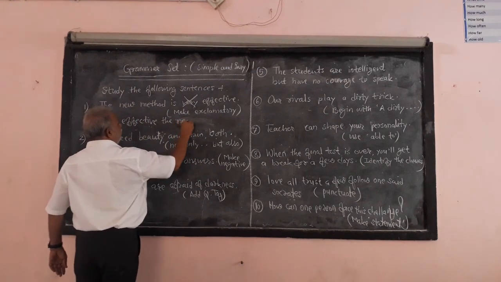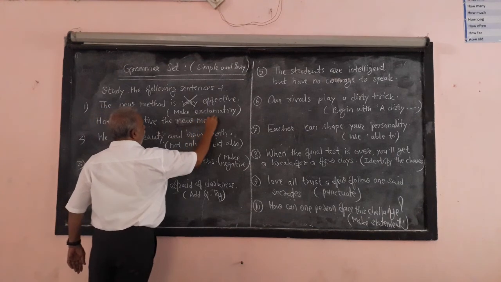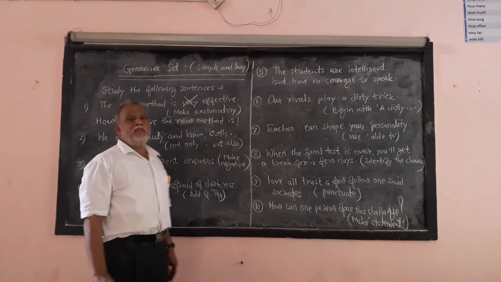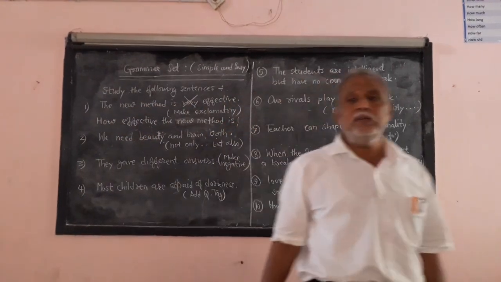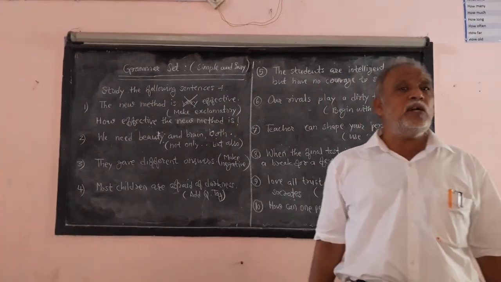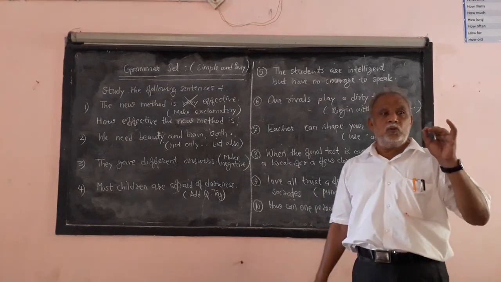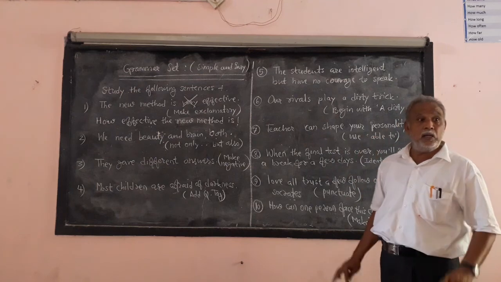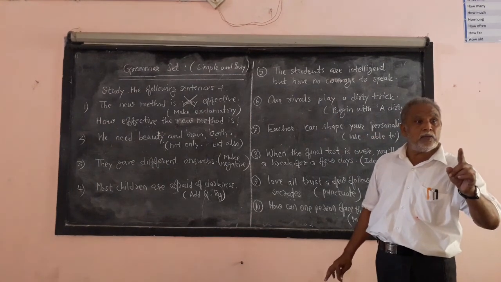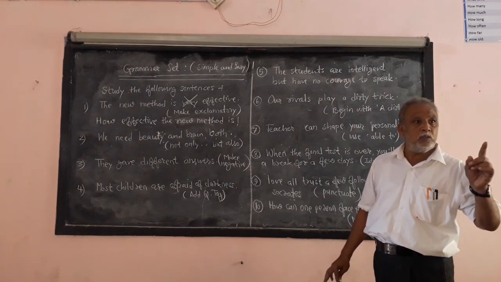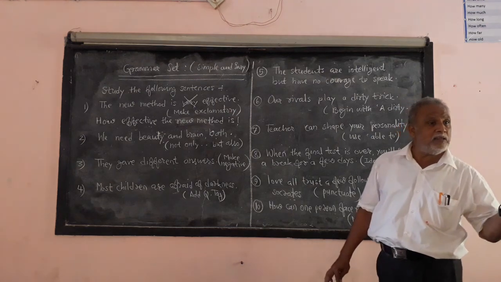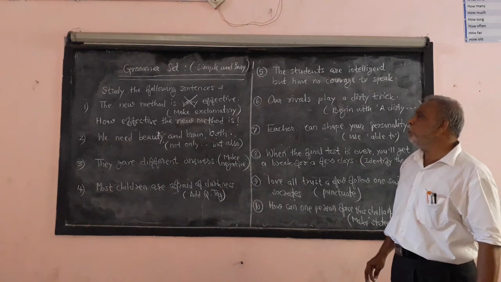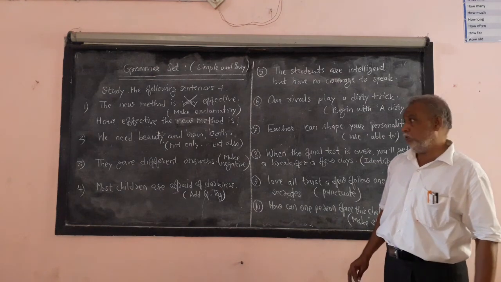The new method is. Remember, subject and verb should be placed in the end. And at the end of the sentence, you are expected to give an exclamation mark. Remember, article a and what? There is no article a or an. How?